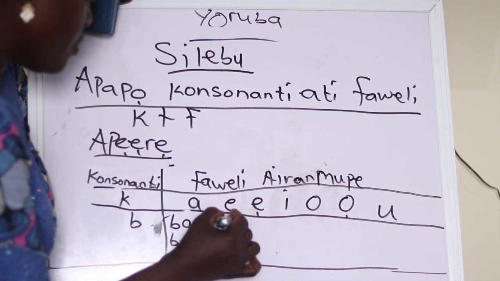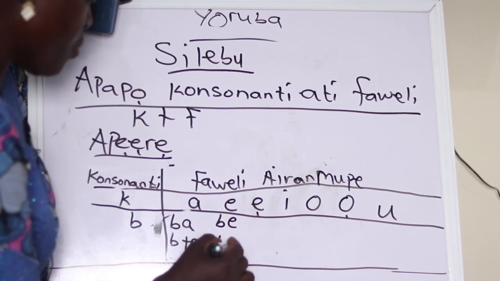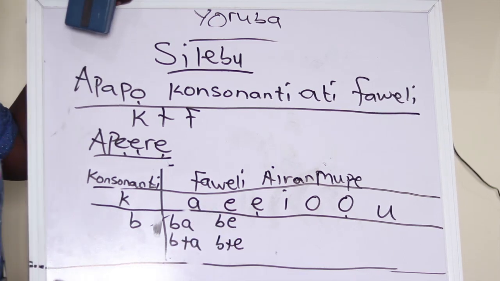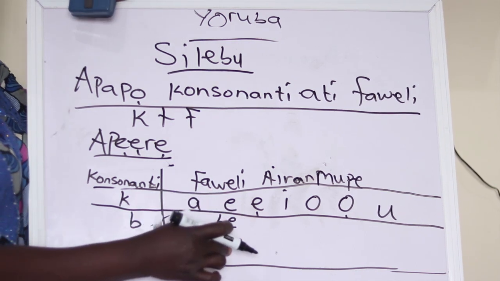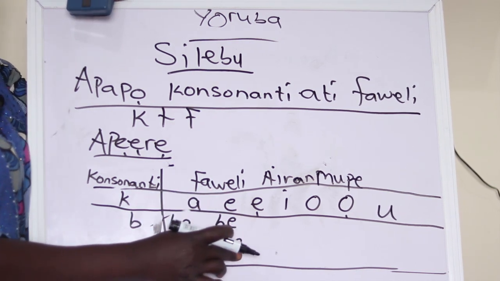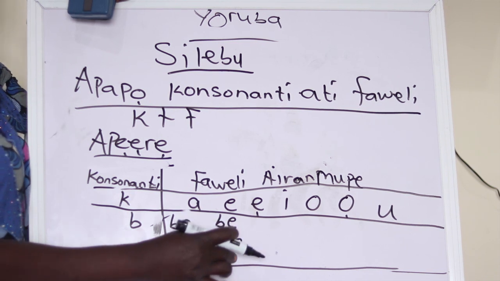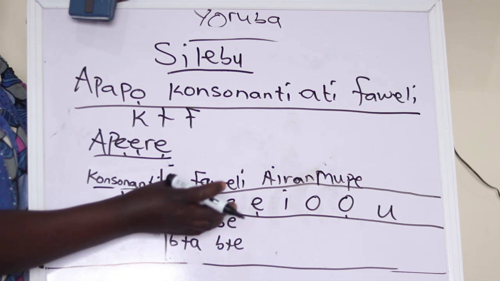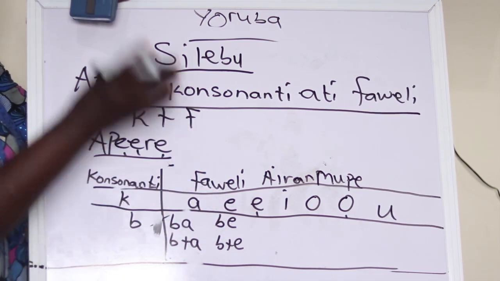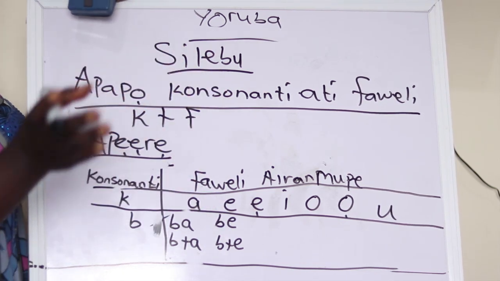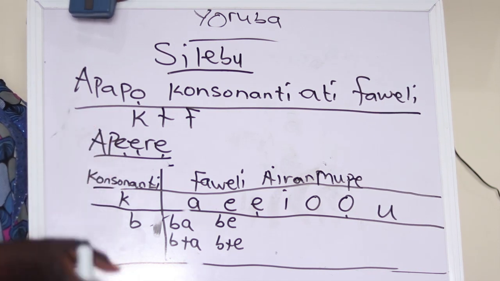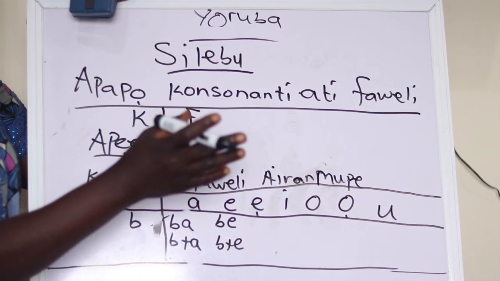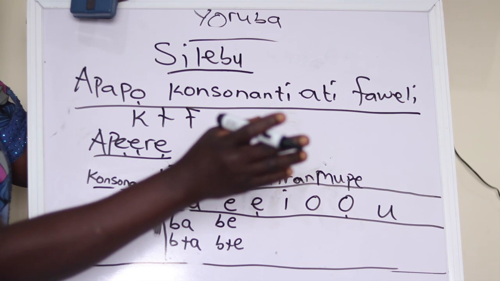B. This one plus A. B plus A. You let the sound go like the one you call it. A. You know I didn't say he. I didn't say A. I say A.